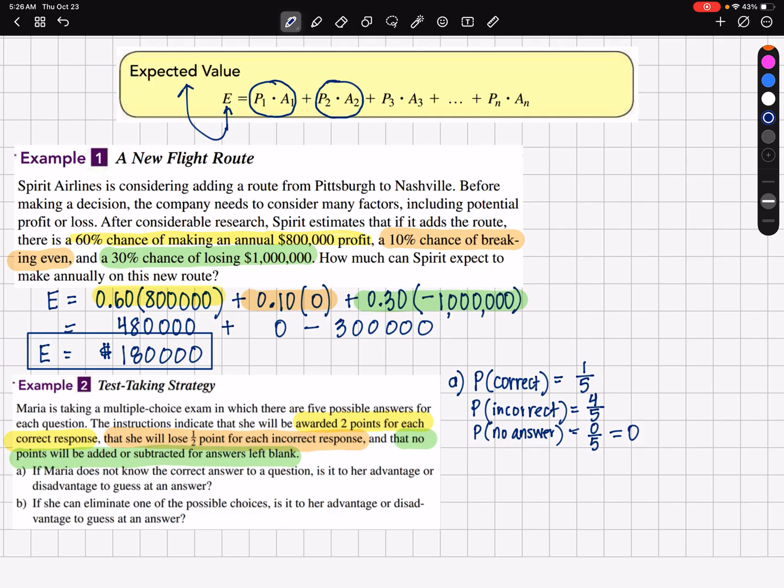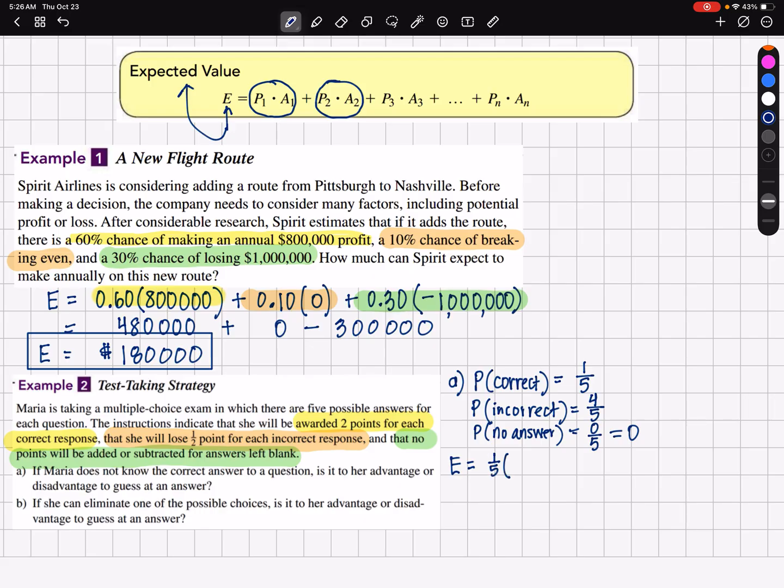So our expected value, E, is going to equal the probability times the number of points that she's going to gain for getting that correct. So 1 out of 5, if I put 1 divided by 5 in my calculator, 1 divided by 5 is 0.2.